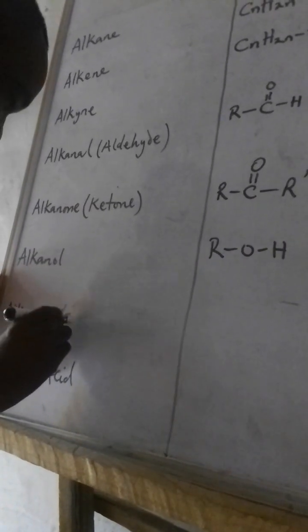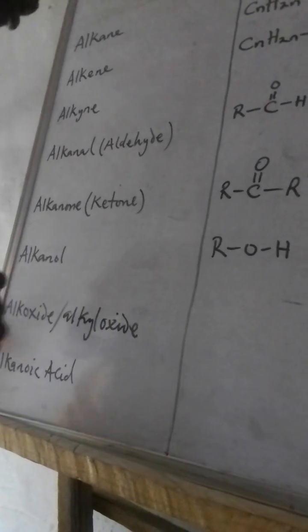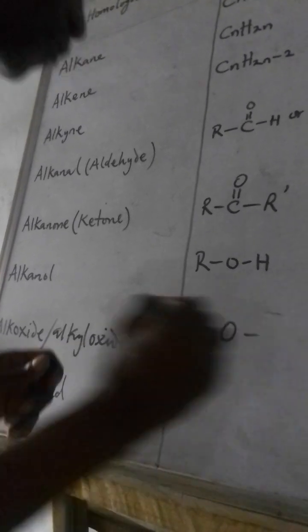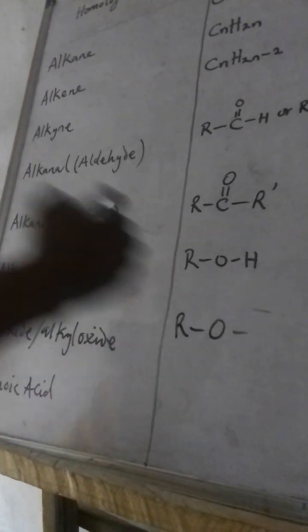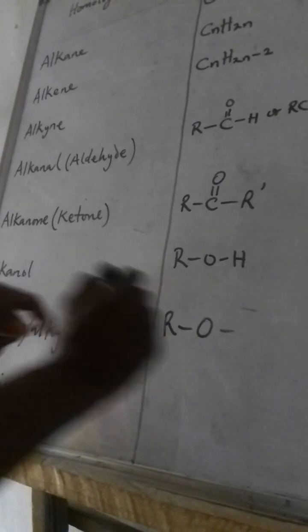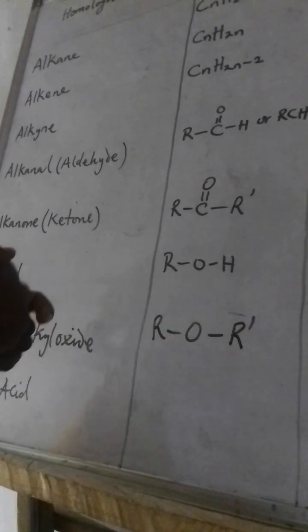You can call it alkyl oxide. Same thing. So the general formula should be RO minus R prime.